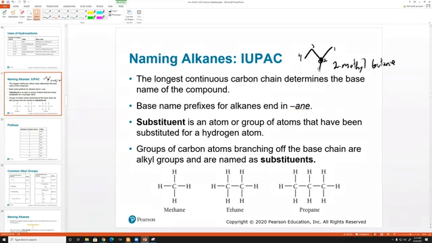So a group that is basically methane, but on the end of an organic structure, we call a methyl group. So there could be an ethyl group, a propyl group, a butyl group. Every carbon is exactly the same, you have the correct number of carbons and hydrogens, but you're missing 1 hydrogen at the end where that substituent binds to the rest of the structure.